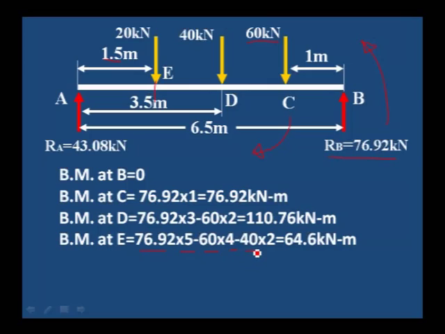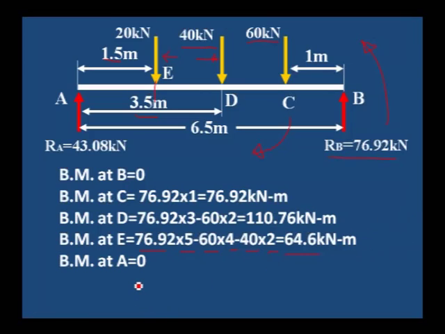Next, 40 kilonewton into distance from E to D. We are taking moment about E, that is why we need the distance between E and D. That distance is 3.5 minus 1.5, that is 2 meter. 40 into 2, that's all. So 40 into 2 is one load, 60 into distance 4 meter, and then RB into 5 meter. These are the three forces acting on the right side of E. Therefore, calculating this, we will get 64.6 as the bending moment at E.